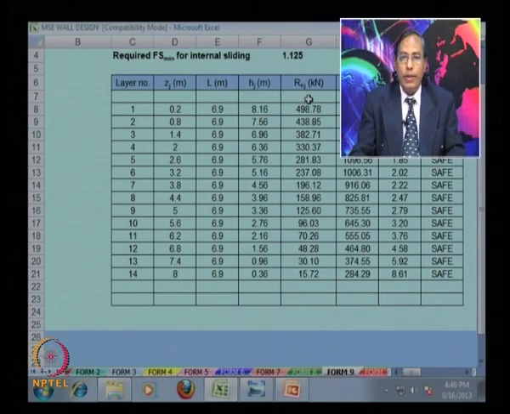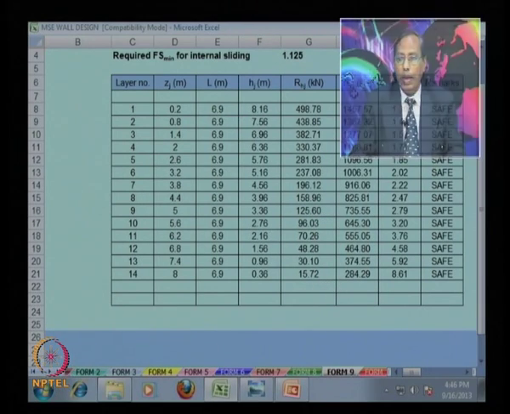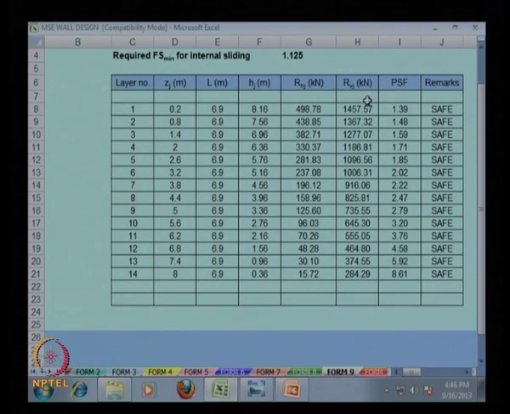RHj is 498.78 kilonewton, gradually decreasing to 15.72 kilonewton, and RVj is 1457.57 kilonewton decreasing to 284.29.